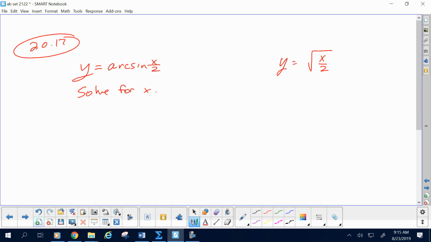Why? Okay, so you squared because that's the inverse of square rooting. That's what gets rid of square rooting. And then you multiplied by 2. Why did you multiply by 2? Because multiplying by 2 is the opposite of dividing by 2. So you're using inverses.